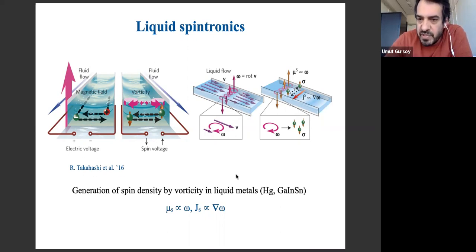This is a paper published in Nature. There have been no other experiments yet reproducing the results, so I would be cautious, but still the idea is clear how you would produce some kind of spin voltage. And in the end, what you see is that there's some spin density produced which is proportional to the vorticity, and there is some spin current proportional to the gradient of the vorticity.